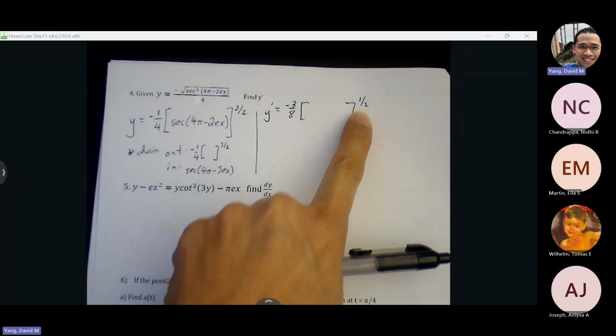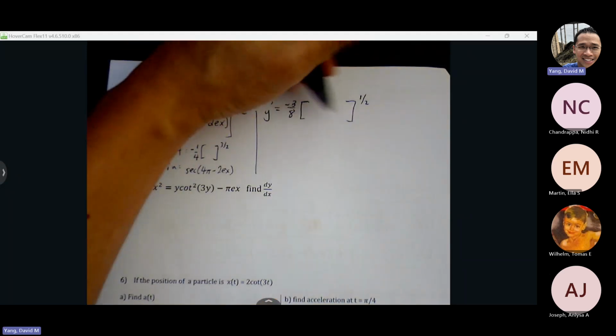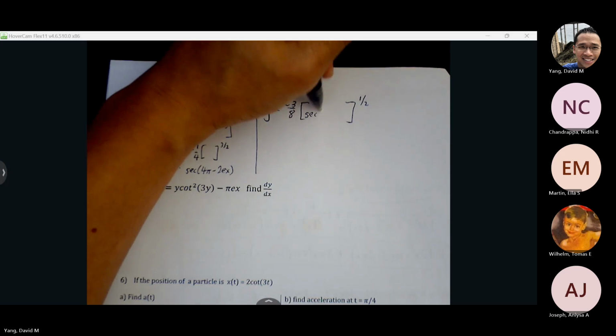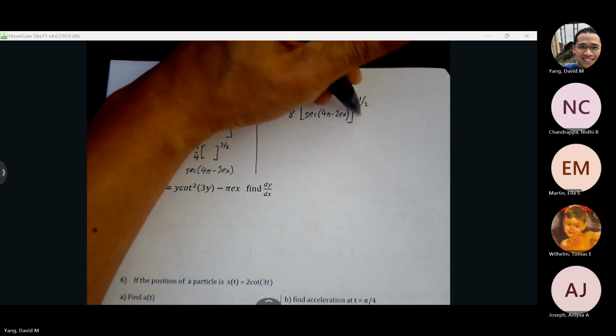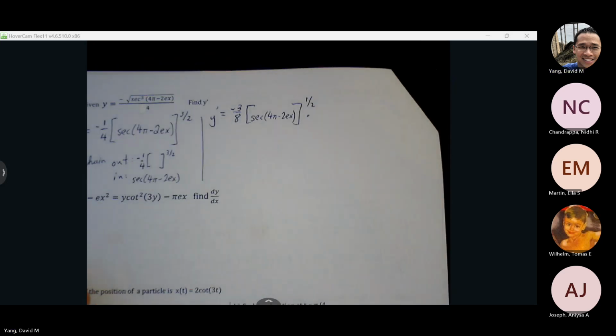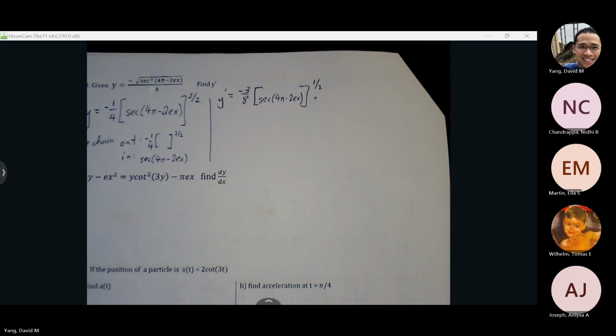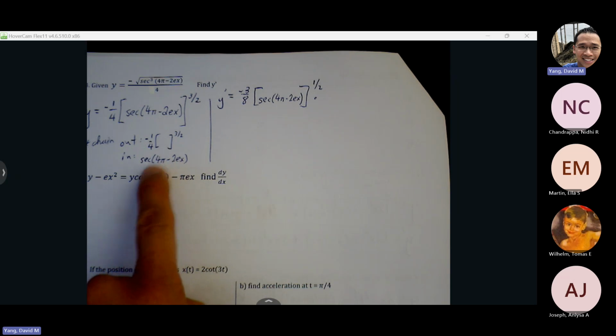Subtract 1 from the exponent, keep the inside intact. Times inside derivative, so secant of u becomes secant u tangent u times u prime.